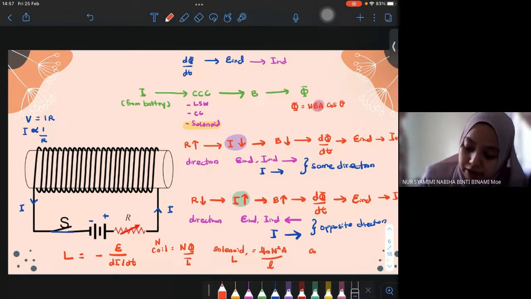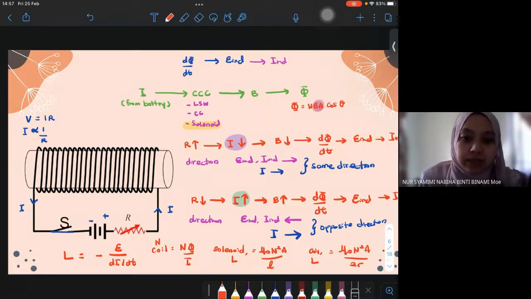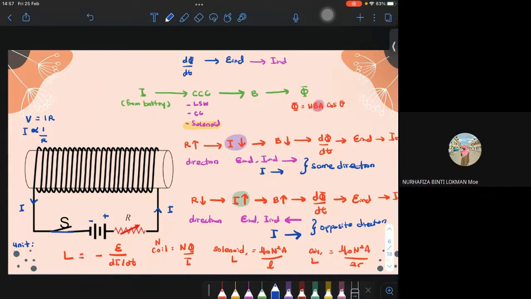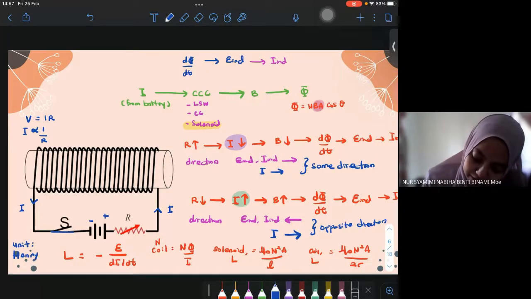Kalau kamu ada coil, L-nya ialah mu naught N square A over 2R. And the unit for the self-inductance is, what is the unit? H ataupun Henry.